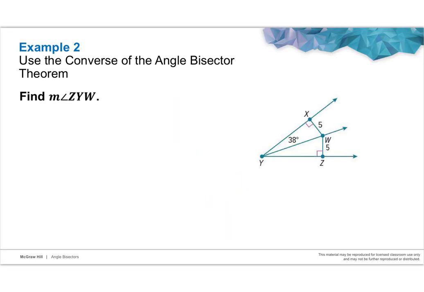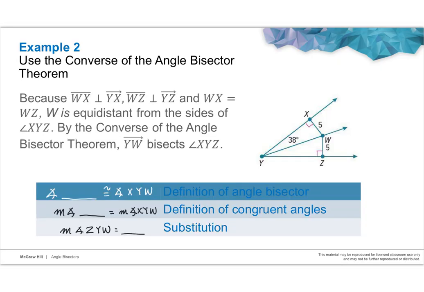Now in example 2, we're going to use the converse of the theorem with our angle bisector. Remember, we have to have both conditions present, both an equal distance, which is what that's marked as, and a perpendicular distance. So now we can use the converse. Let's see how. We have enough conditions to know that our YW ray bisects the angle.